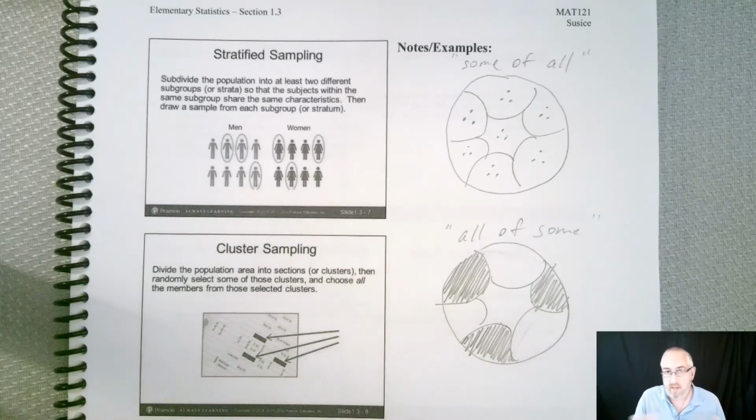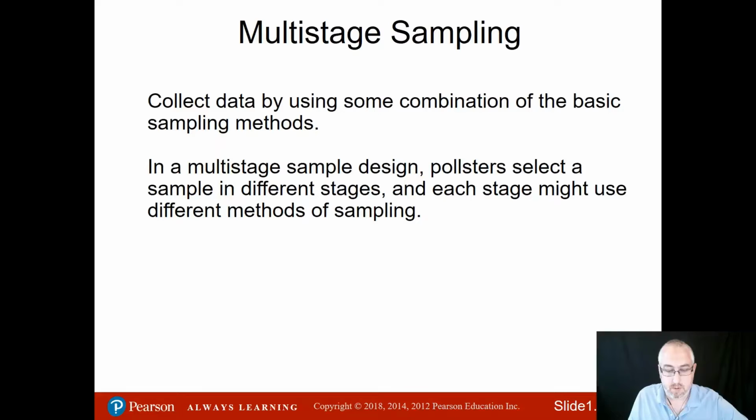So basically it's just a mishmash of all of them, or some of them. So if I said I wanted to do a stratified random sample, I'm going to subdivide it initially, but then to get those smaller samples from each of those subgroups, I'm going to put all the names in a hat and draw them out. So again, it's just some sort of combination.